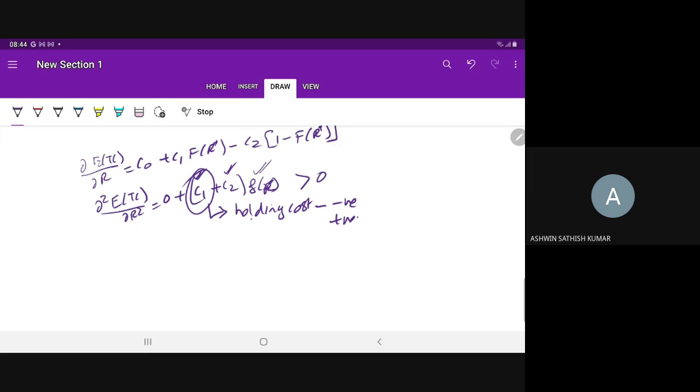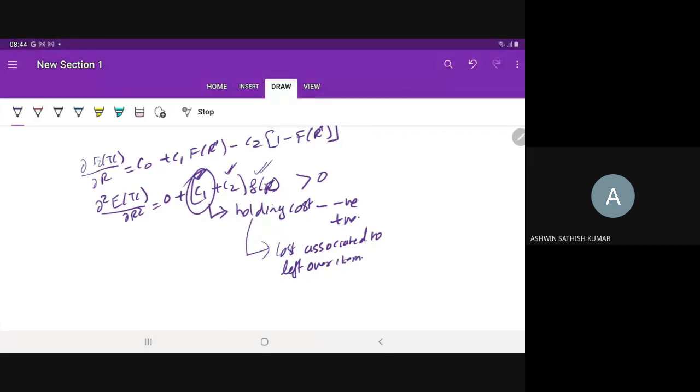What is the holding cost? Holding cost means the cost associated with the leftover item. If it is a newspaper, you can sell the remaining newspapers to the garbage people, so in that case it is negative, meaning you are earning something from the leftover item.